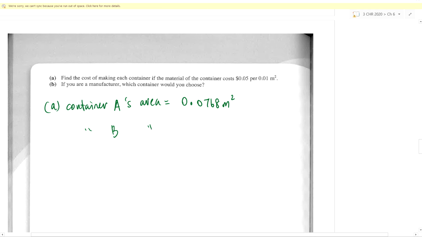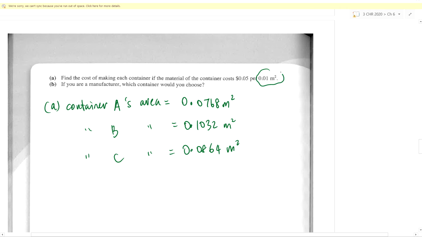Container B area is 0.1032, C 0.0864 square meters. Okay, so here I've written down all the areas and now I'm ready to find out the cost.